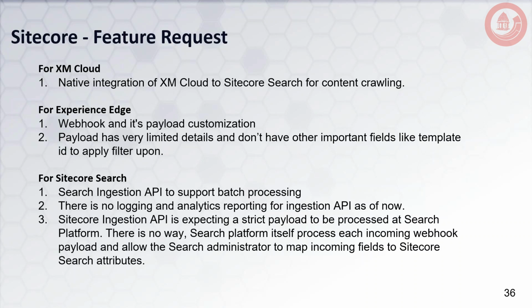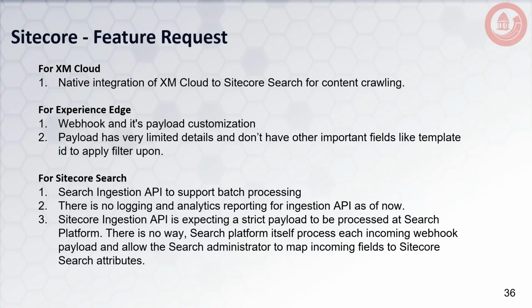For Experience Edge, we need webhook and payload customization. We had a webhook payload which is very strict, and we cannot modify it. We have no way to customize the payload.